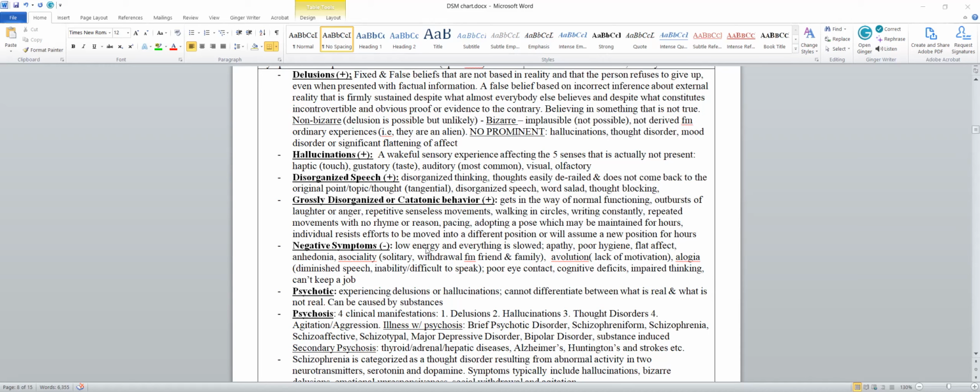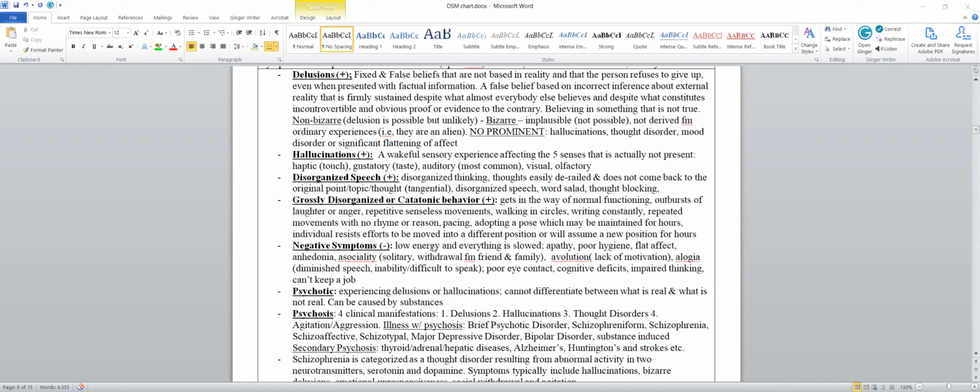So under negative symptoms, the person's going to have, for example, low energy, everything is slowed, they're apathetic, poor hygiene, flat affect, anhedonia, lack of pleasure, they're asocial, they're solitary, they withdraw from friends and family, avolition, the lack of motivation, alogia, diminished speech, inability or difficulty to speak, poor eye contact, cognitive deficits, impaired thinking.